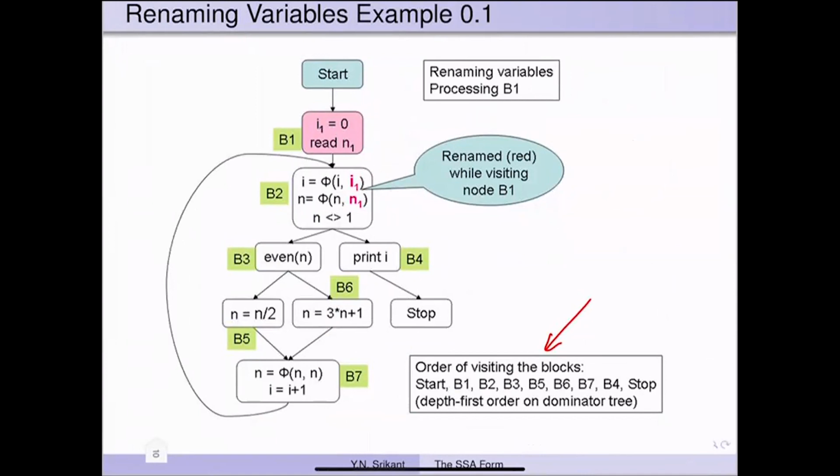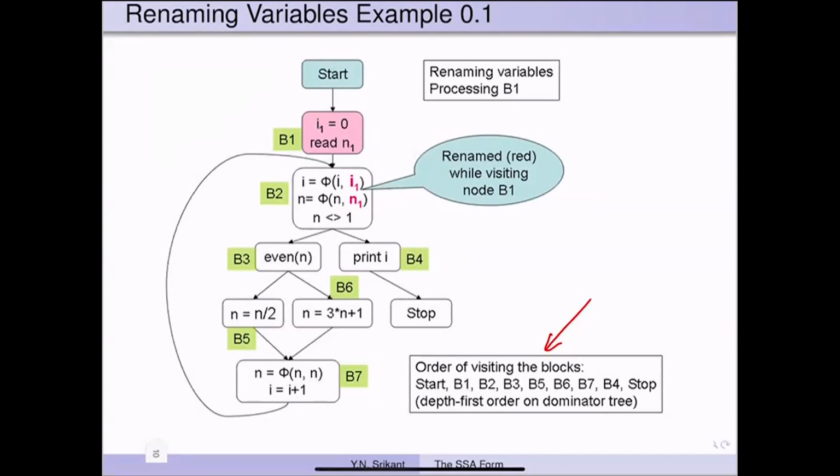The depth first search order of the dominator tree is the order in which we visit the basic blocks. There are of course very good reasons why this is necessary. We look at the definition before we look at the uses. That is the reason.